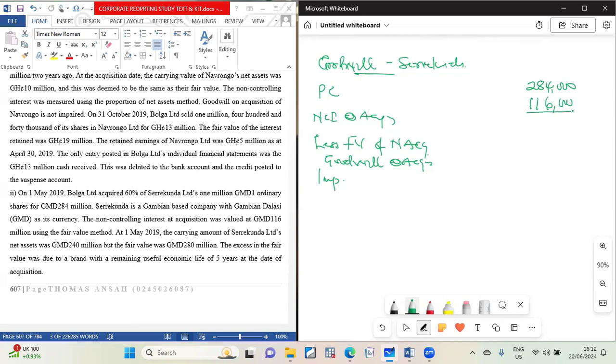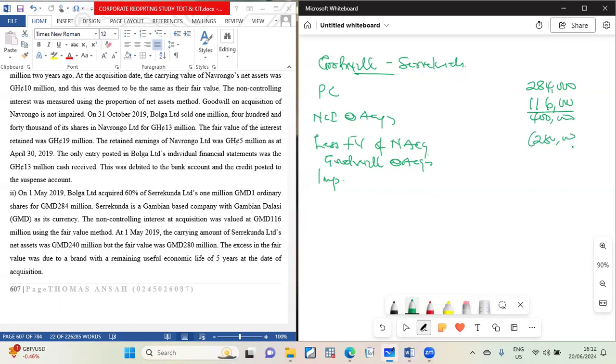So that gives our total here to be like 400,000. Then the fair value of net assets at acquisition: the carrying amount of Serekunda's net assets was 240, but the fair value was 280. Which one do you use? We use fair values. So don't get confused about that at all.